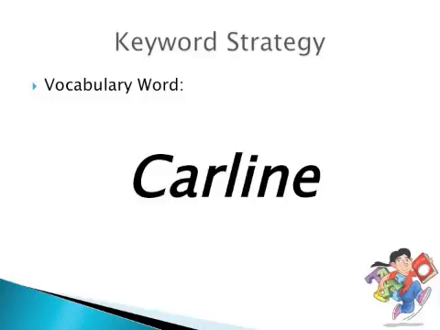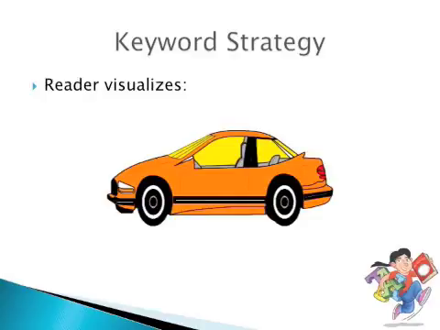For example, the vocabulary word is car line. The reader sees the word car. Everyone has a connection or relationship to the word car. Then you would instruct your reader to visualize what they think this word means.